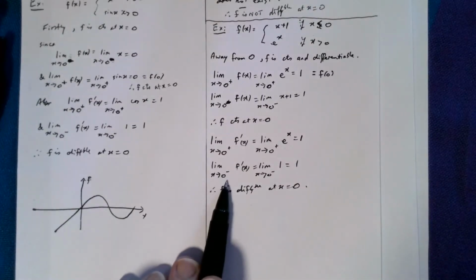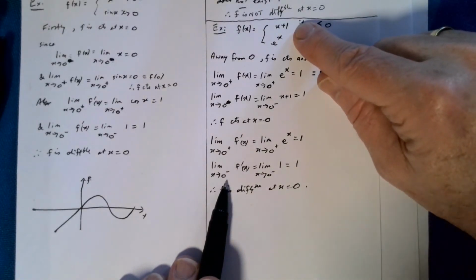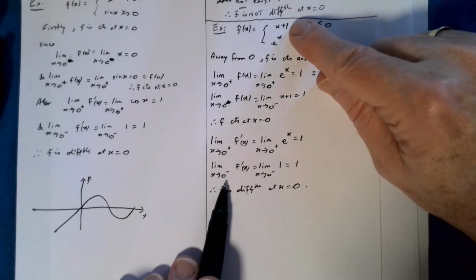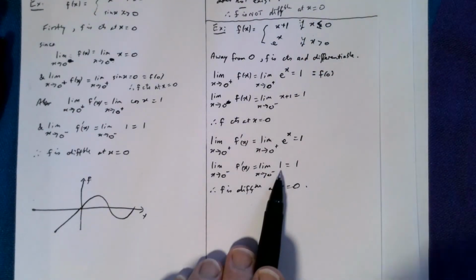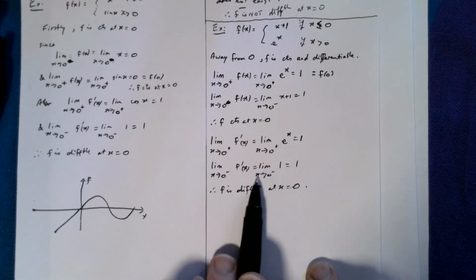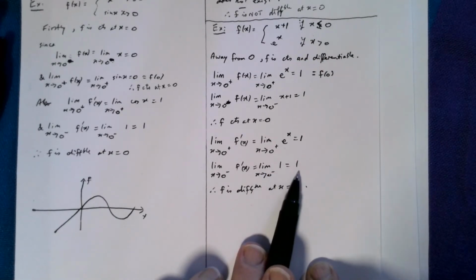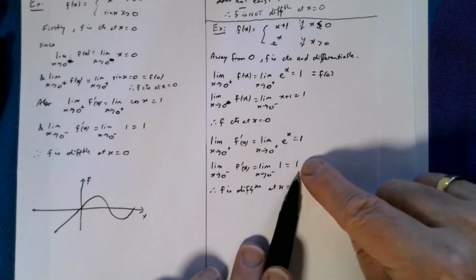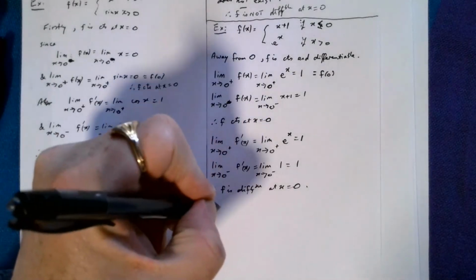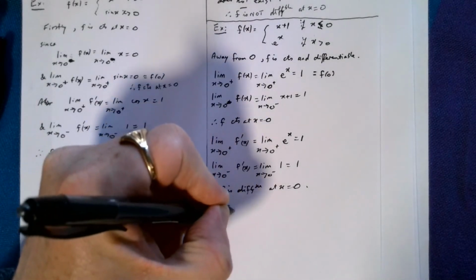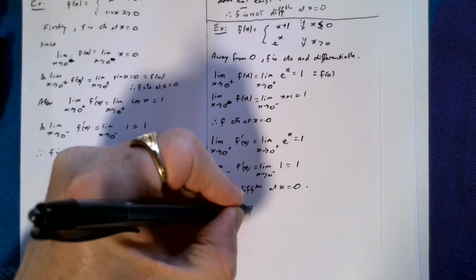If you go from below, then we're using the x plus 1 definition. You take the derivative of x plus 1, you get 1. And then you take a limit as x goes to 0, 1 is still 1. So these two agree with each other. So therefore the function is differentiable at x is 0. And the final conclusion, f is differentiable everywhere.